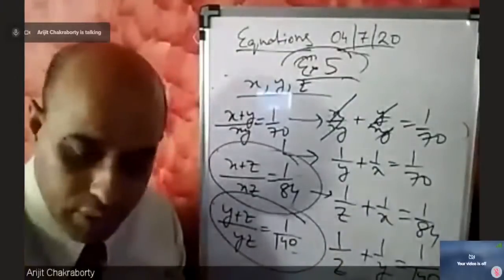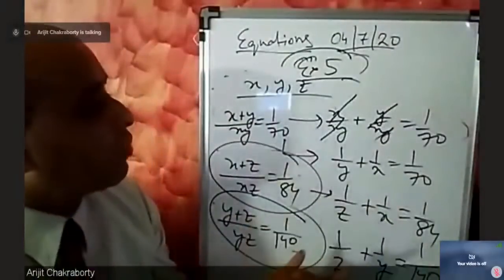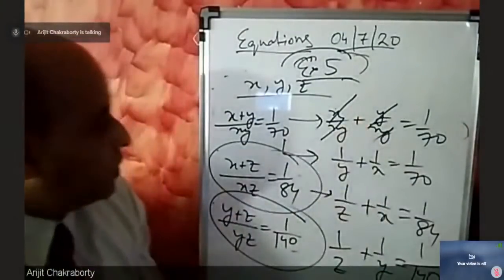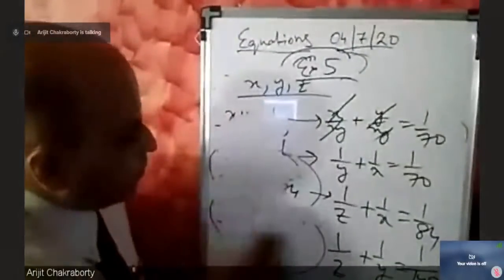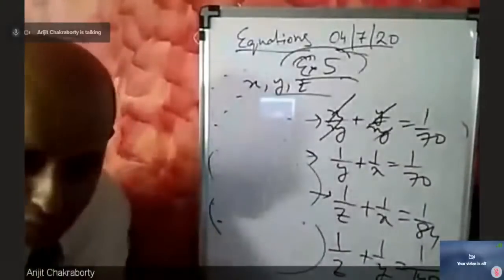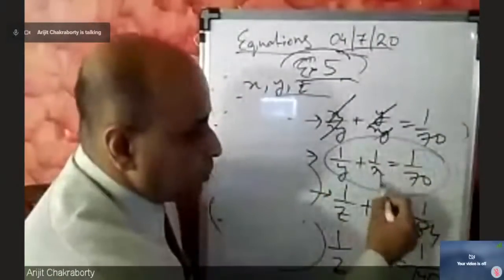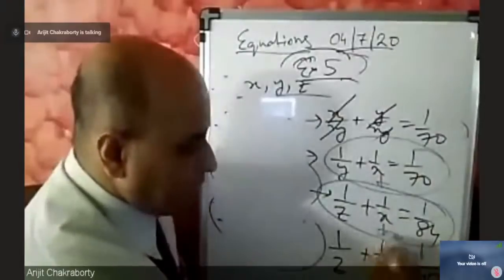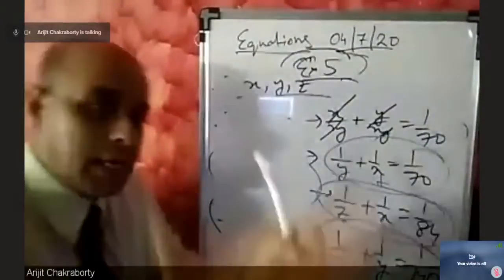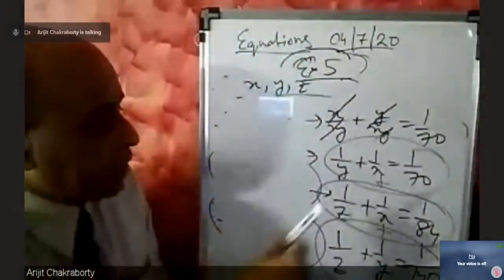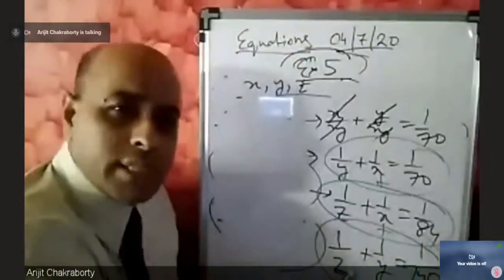Now, this is one of the toughest equations, but a very interesting one. Now what we do, we add up all of them. So if you add up all of them, on the left hand side, what are we getting? 1 by y plus 1 by x, again 1 by z plus 1 by x, again 1 by z plus 1 by y.